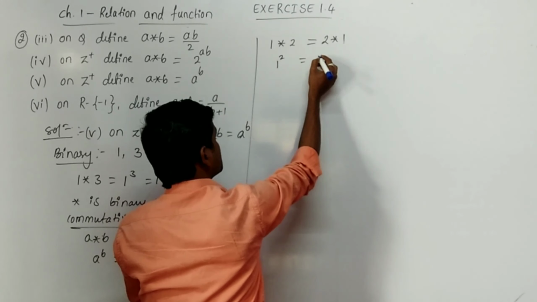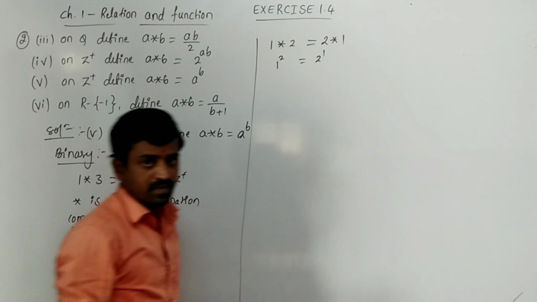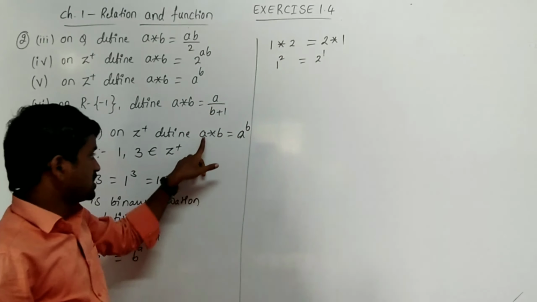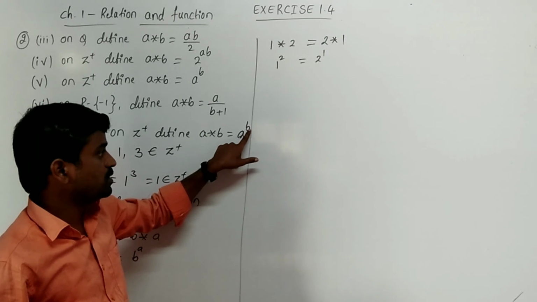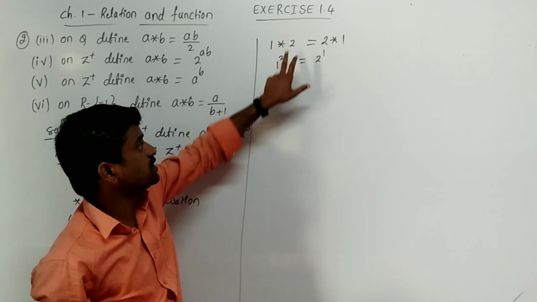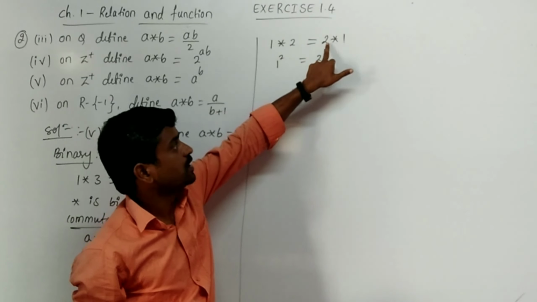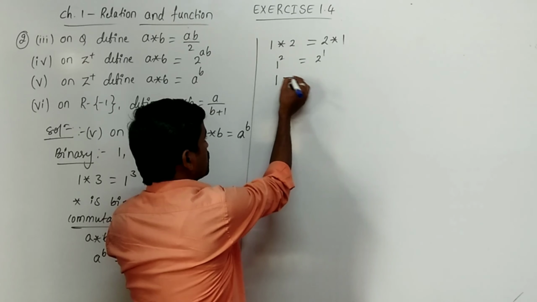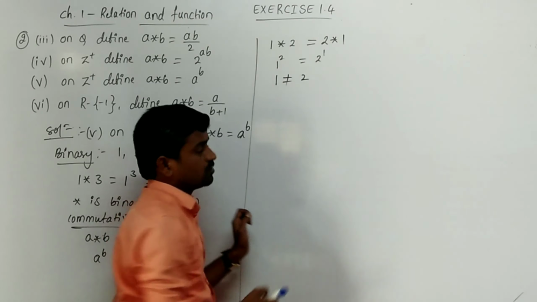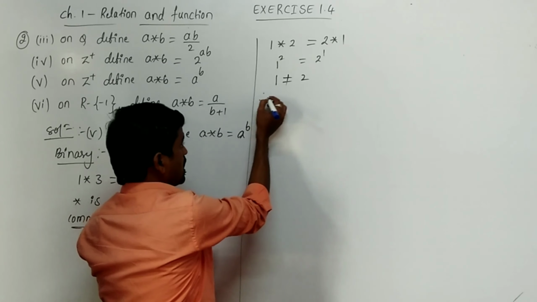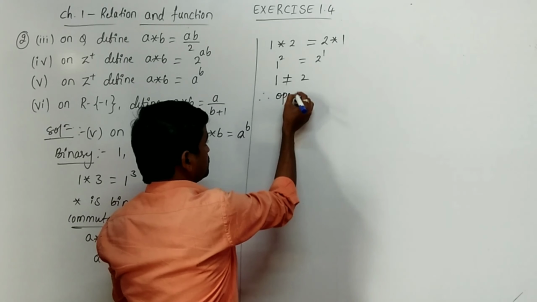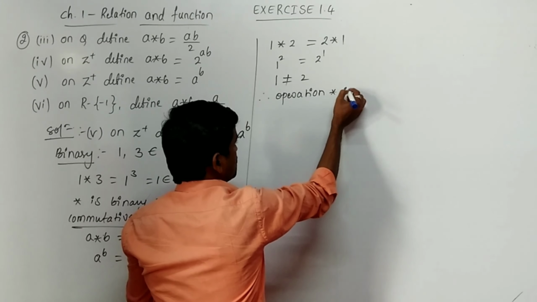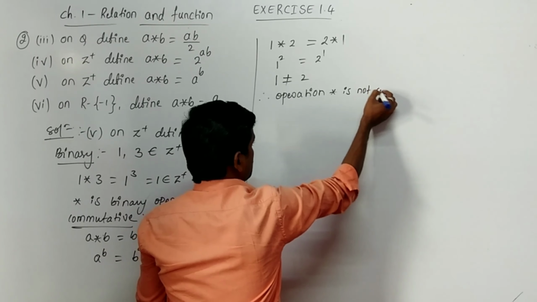B star A is 2 star 1, which is 2 to the power of 1. 1 is not equal to 2. Therefore, the operation star is not commutative.